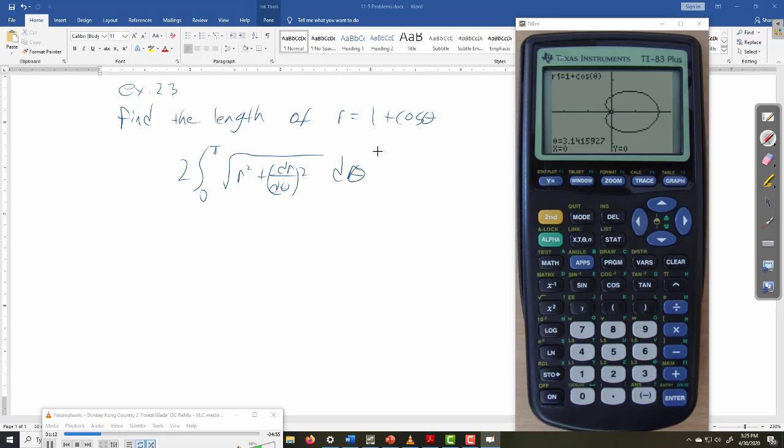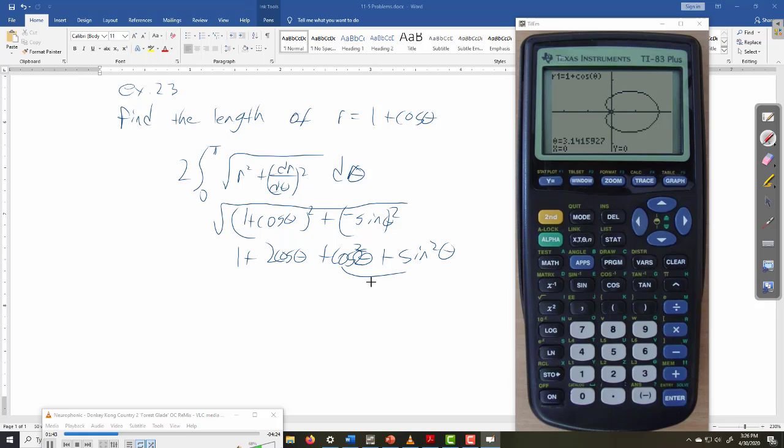Alright, so r squared would just be 1 plus cosine θ squared. dr/dθ would be negative sine θ squared. So that's 1 plus 2 cosine θ plus cosine squared θ plus sine squared.